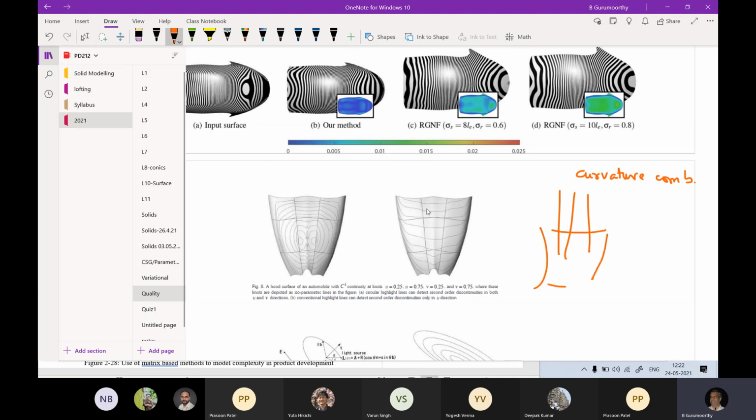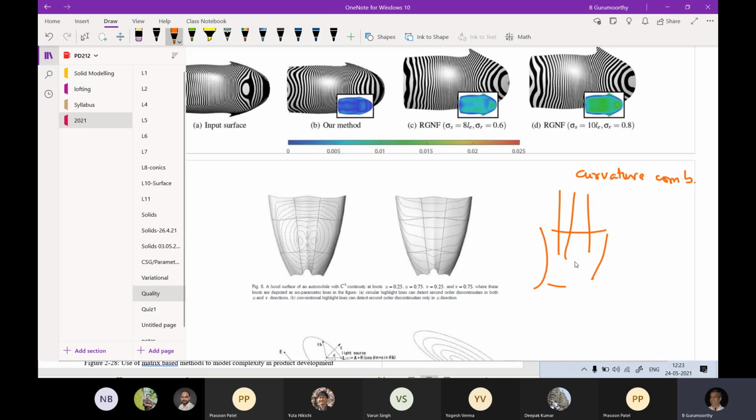Here I have lines in one direction and some in the other direction, plotted on this surface. You can see that what should have been parallel lines get bent and moved around depending on the deviations and undulations in the surface. So it gives you some information, and you can go back and try to fix that.